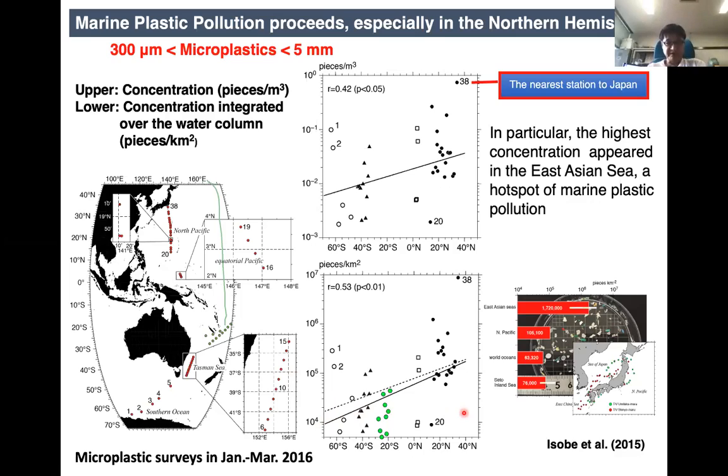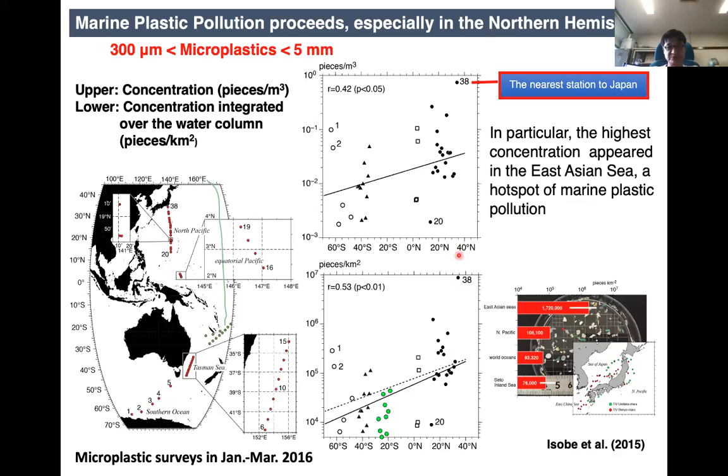So roughly, the abundance of microplastic in the Southern Ocean, in the South Pacific Ocean, is about 10,000 pieces per square kilometer. However, the magnitude of the abundance increases by one order as we move to the North Pacific. The abundance is 100,000 pieces per square kilometer.